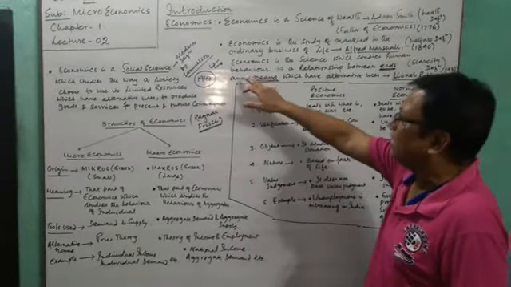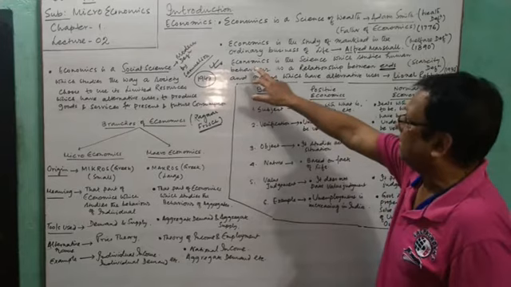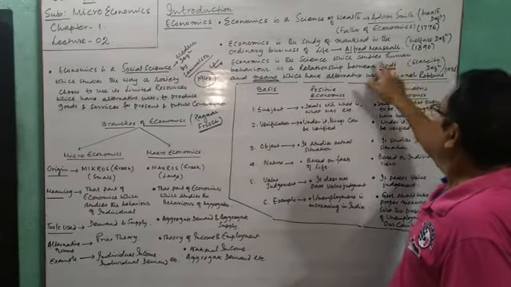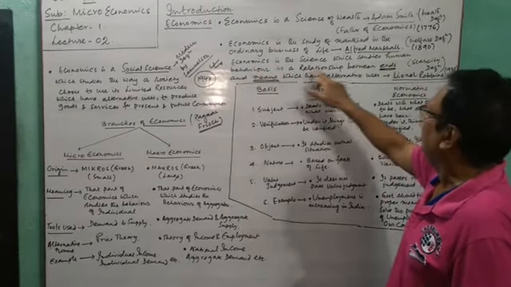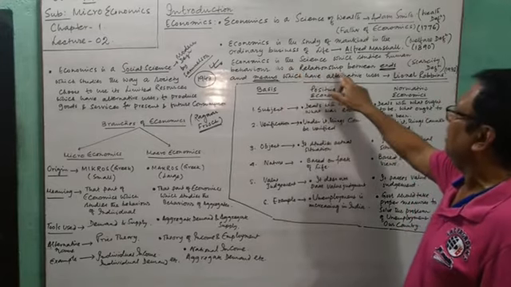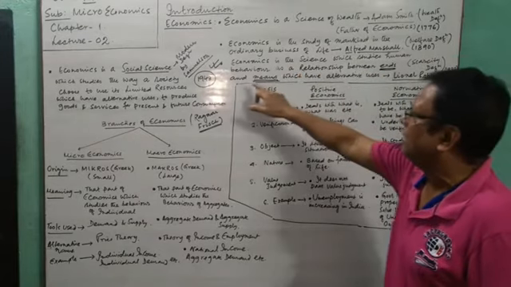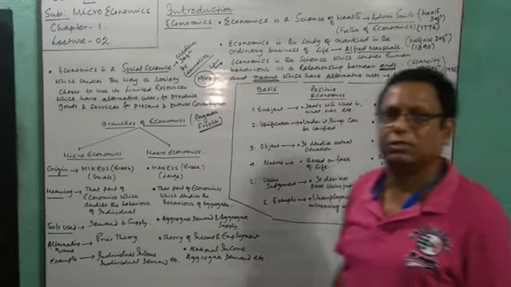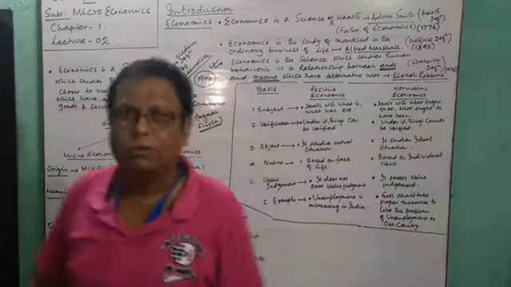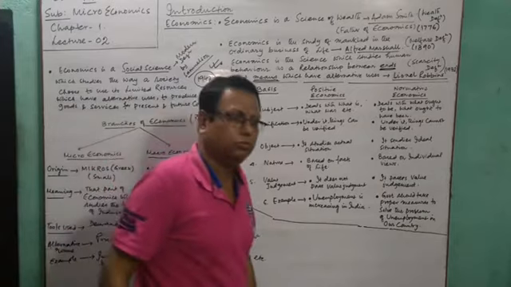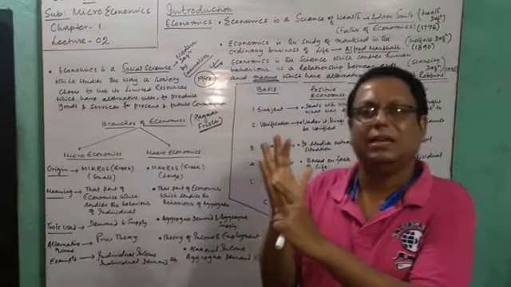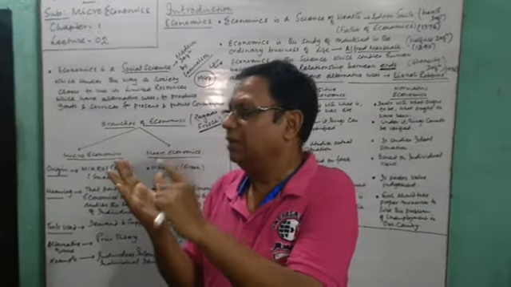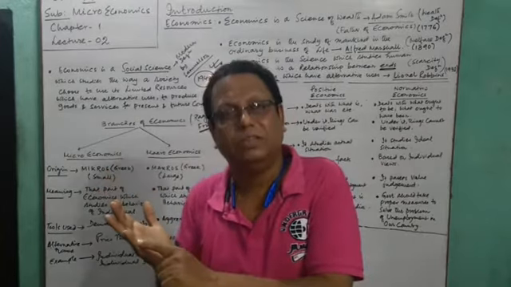So you can think it like this. Now you will understand the thing, which studies the human behavior as relationship between needs and resources which have alternative uses. In my last class I told you in the characteristics of resources that resources are limited in nature and resources have got alternative uses.